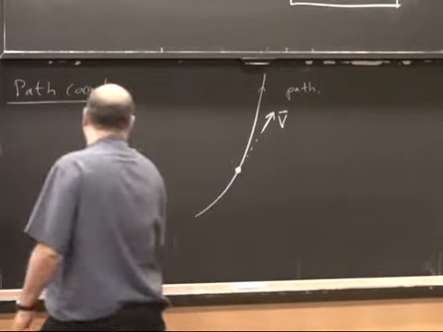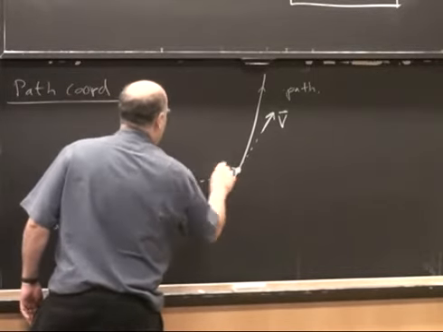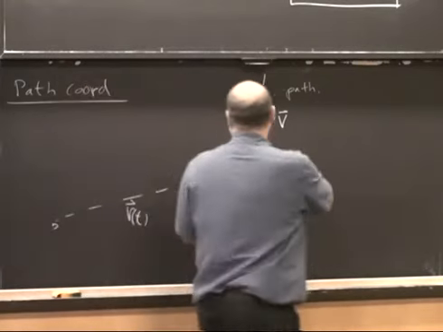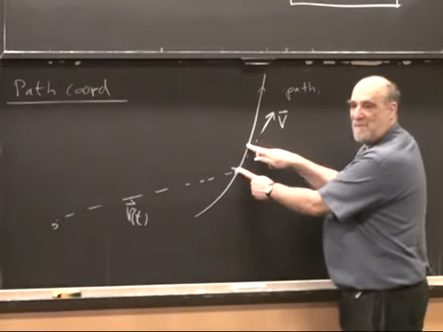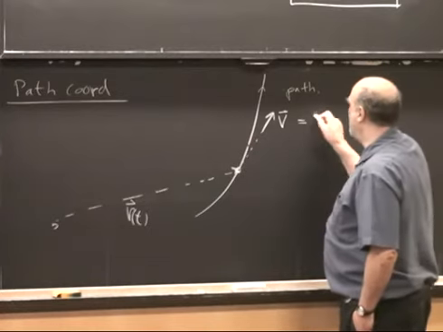Because remember, over here, we're looking at the position vector at one time, and we look at the position vector at a little bit later in time, and the difference between those position vectors divided by delta t is the velocity. So the velocity is tangent to the path.